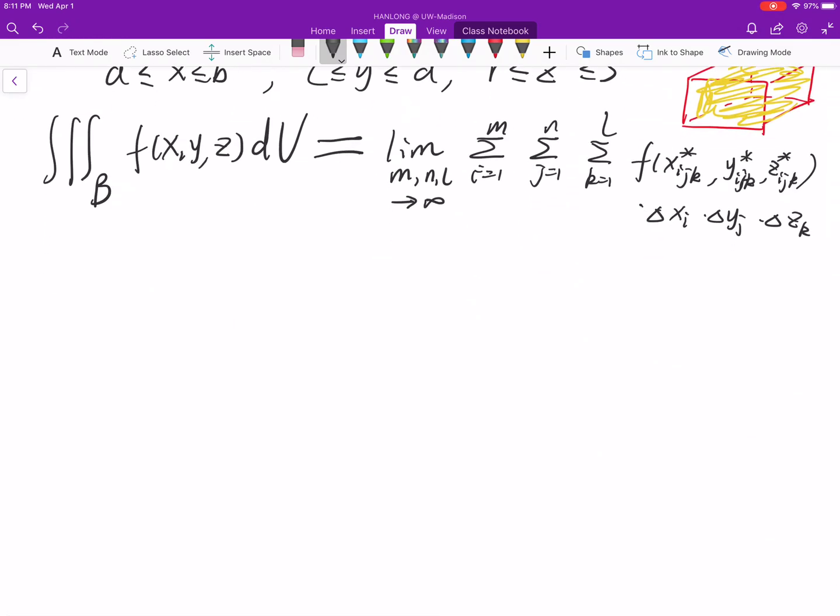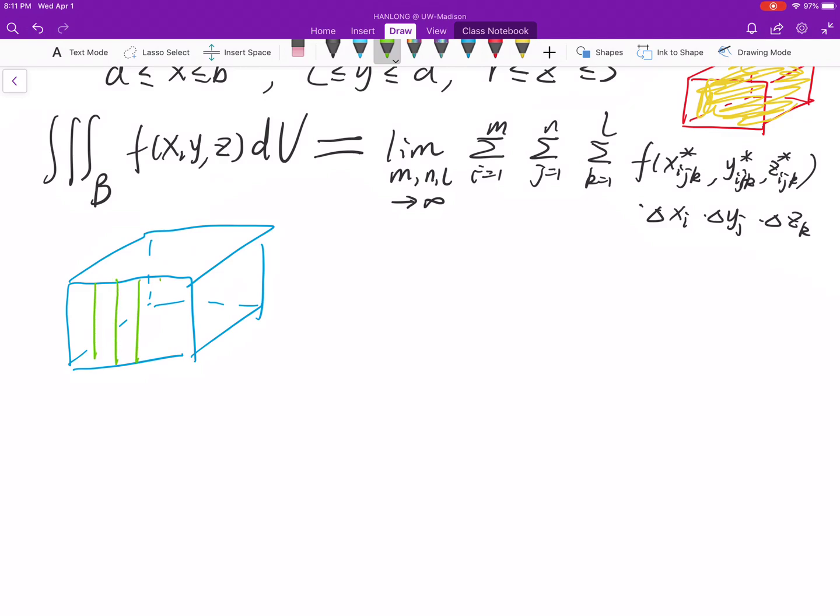And you can guess the geometrical meaning of this. This just cuts your domain into small pieces.